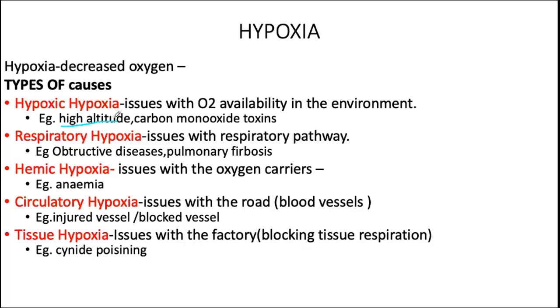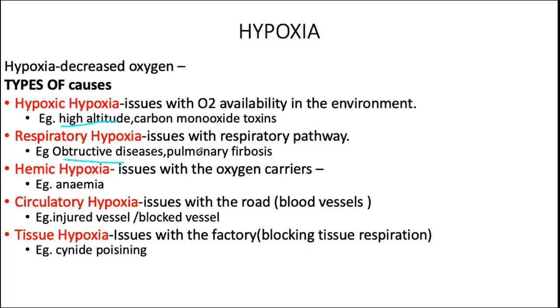It's all because there is not enough oxygen inside the garage, because red blood cells have more affinity for carbon monoxide. Next would be the respiratory hypoxia, where we see whenever there's a problem with the respiratory system.